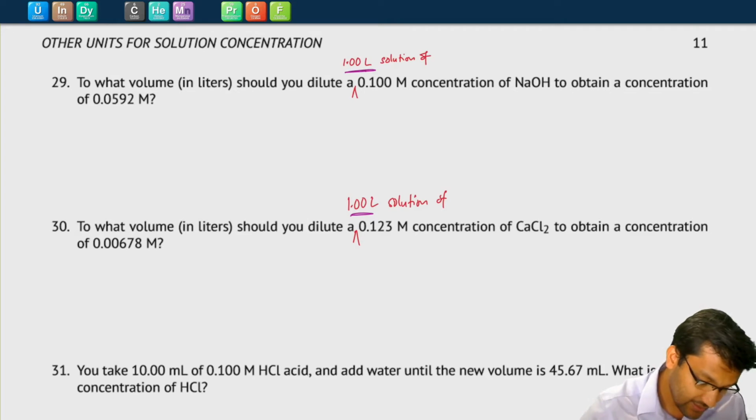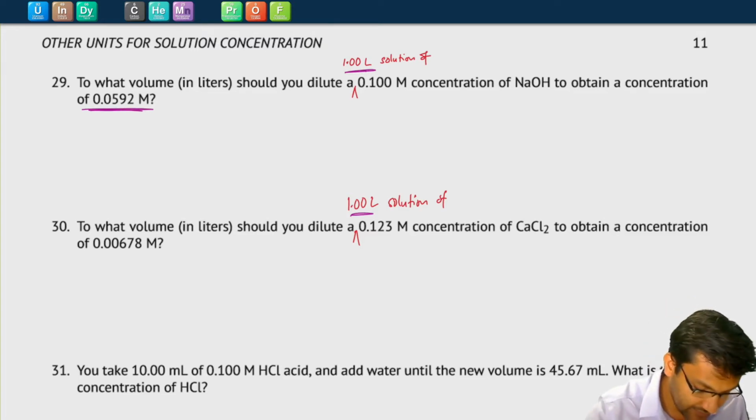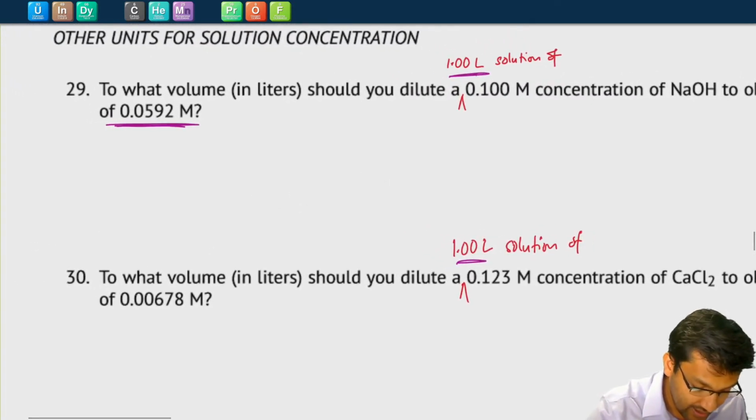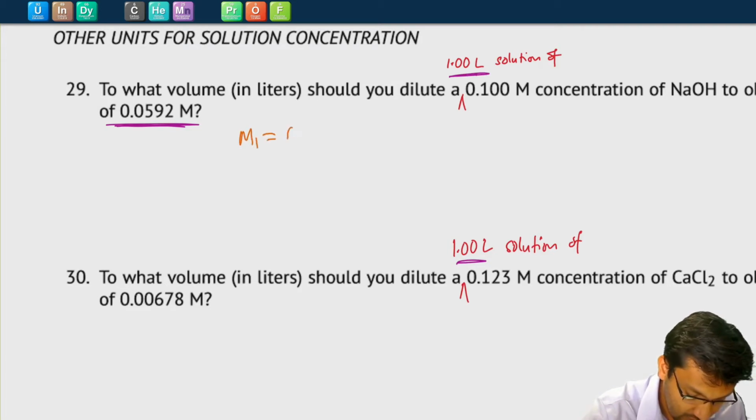29 says that we start with a 1 liter solution of 0.100 molar concentration of NaOH, and our final concentration that we're interested in is 0.0592 molars. So if I were to write this in terms of M1, V1, M2, V2, our starting concentration, M1, is 0.100 molars.